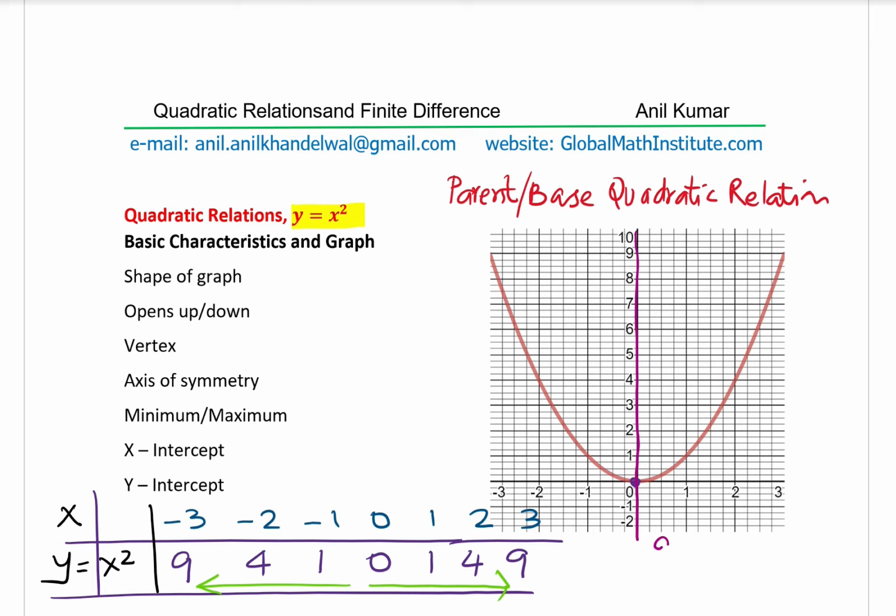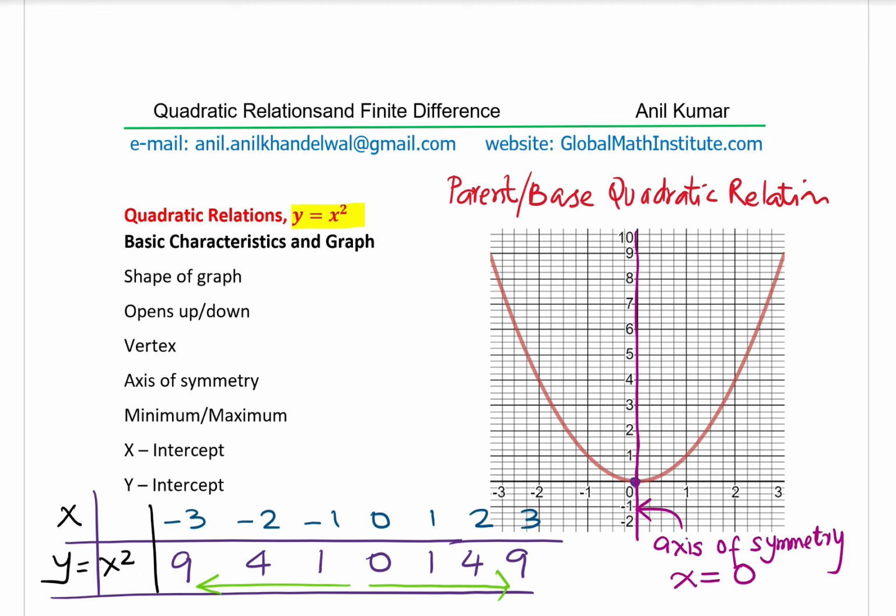We call this the axis of symmetry. For y equals x squared, this is the y-axis, or x equals 0. So the axis of symmetry equation is always the x value, x equals 0.